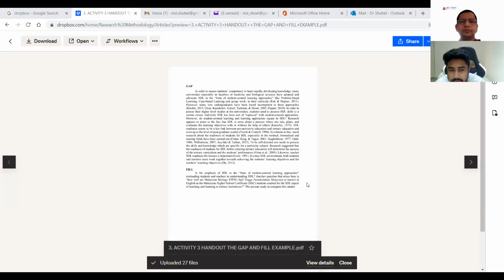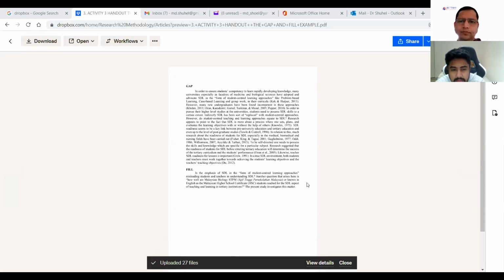However, do student-centered teaching and learning approaches equate to SDL? Research appears to point to the fact that SDL is more about a process where one sets, plans, and evaluates the learning objectives with or without the help of others. SDL readiness seems to be a key link between pre-university education and tertiary education, and even up to the level of postgraduate studies. In relation to this, much research about the readiness of students for SDL, especially in the medical, biomedical, and nursing fields, has been carried out.